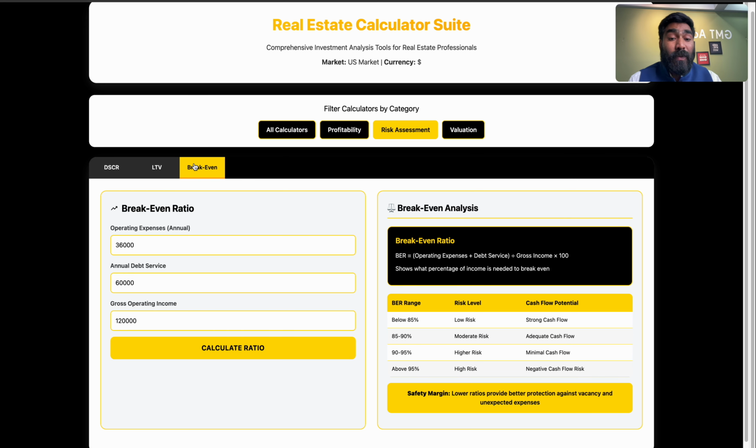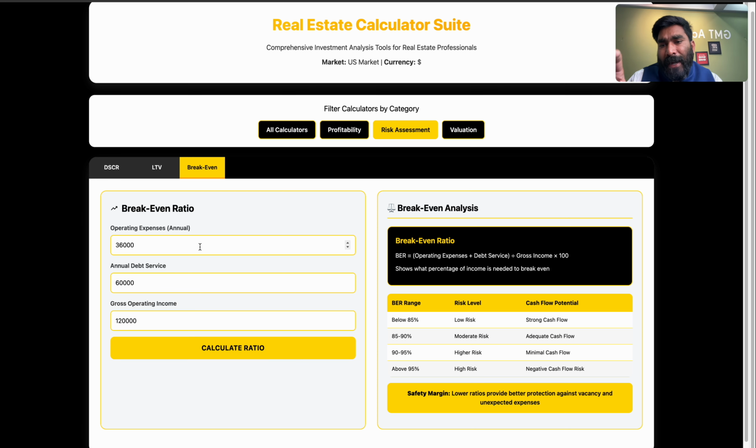If the break even ratio is 80 to 85%, that is treated as low risk, with strong cash flow. 85 to 90% is moderate, 90 to 95% is higher risk, and above 95% is high risk, with negative cash flows.